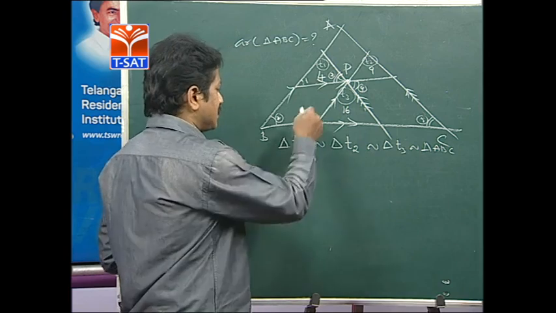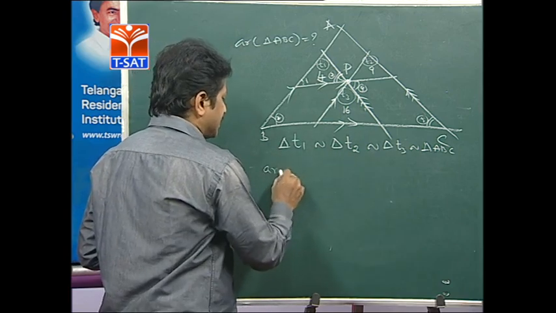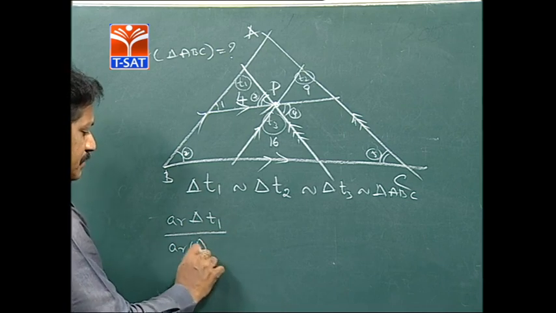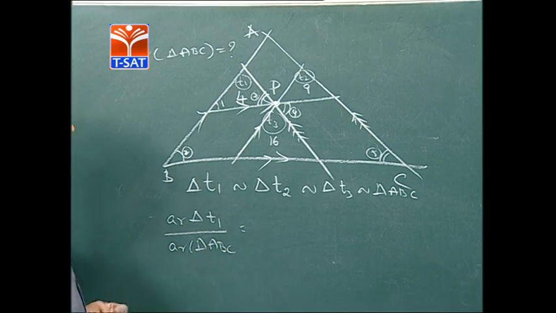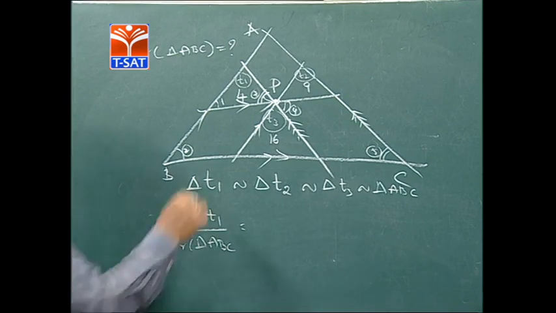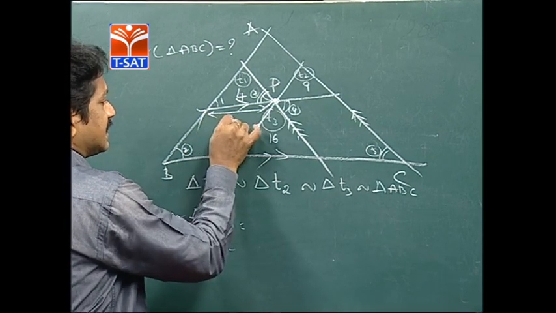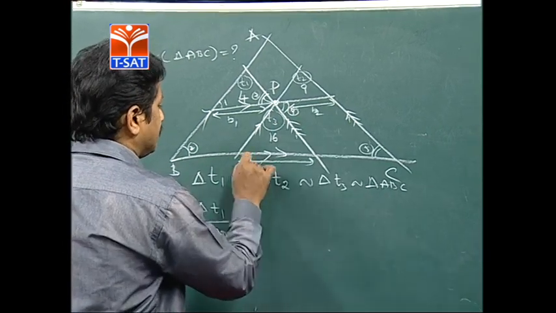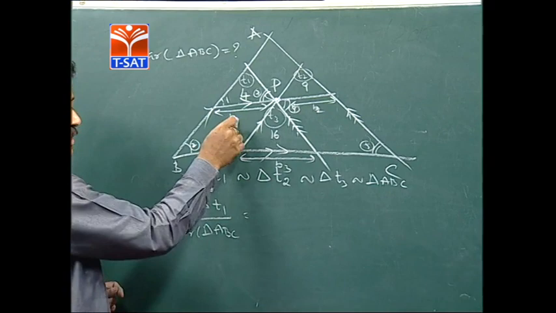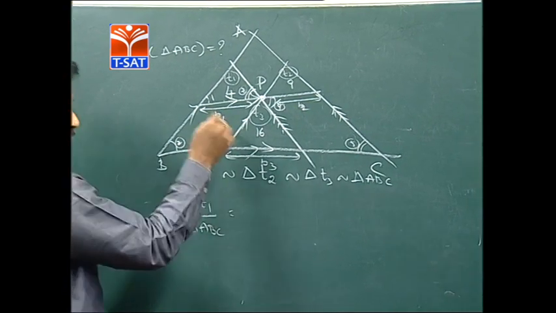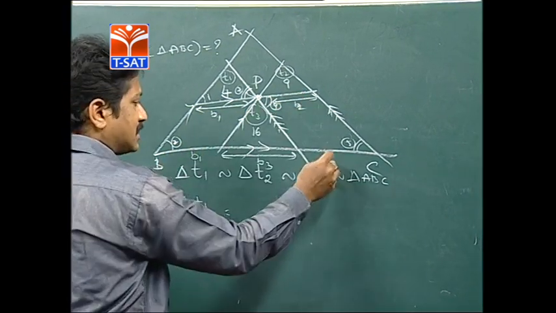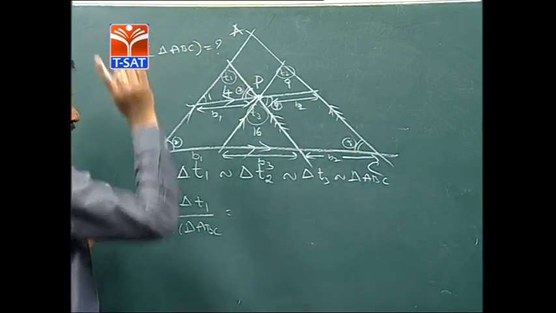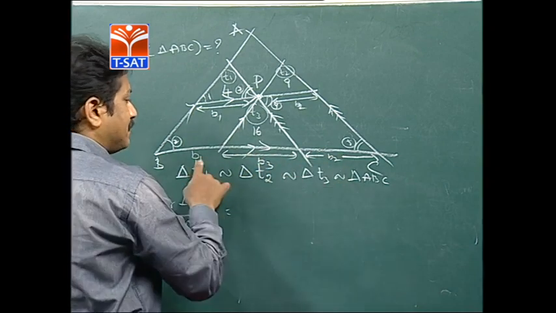Now come to triangle T1. I am taking the area of triangle T1 by the area of triangle ABC is equal to, what are the corresponding sides? I am taking the bases as B1, B2 and B3. When this is B1, this is also B1, am I correct? Because it is a parallelogram. When it is B2, this is also B2. Now the base of the bigger triangle is split into three line segments, B1, B2, B3.